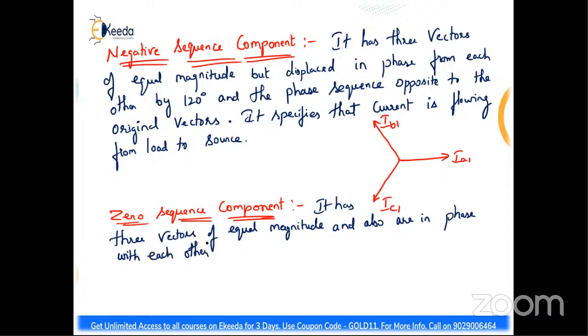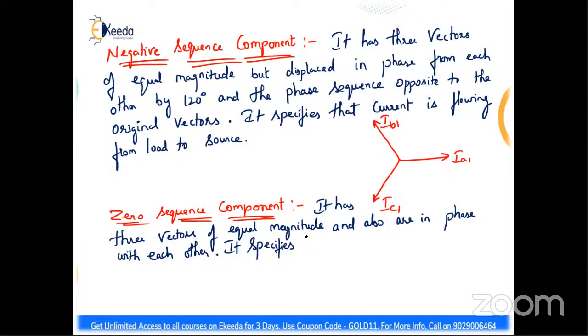So they are not displaced in phase from each other by 120 degrees. All three vectors are of equal magnitude and also in phase with each other. Understood? This is called the zero sequence component. Here there is no angle, they are all in phase. That's why it is called the zero sequence component.